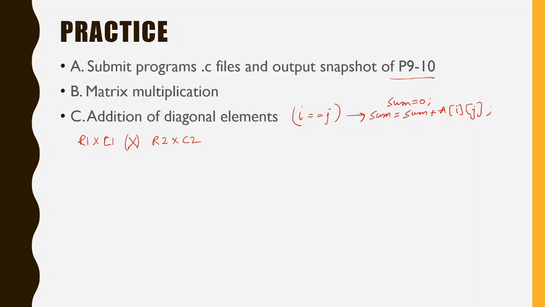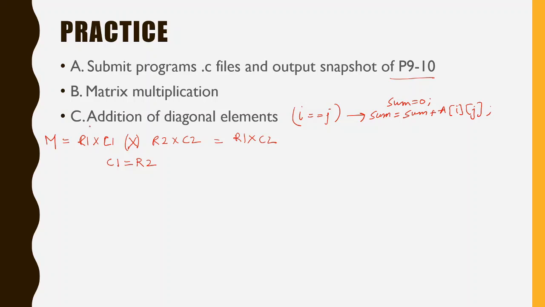The compulsory condition is that C1 should be equal to R2, and the result of the multiplication, M, will have the dimension R1 cross C2. Right, this is the compulsory condition for matrix multiplication.